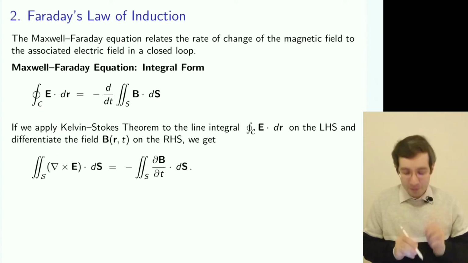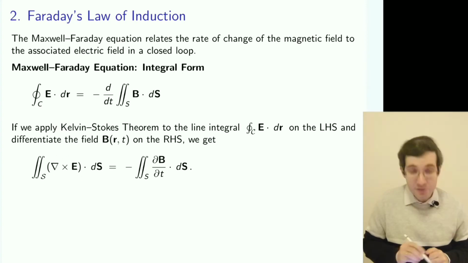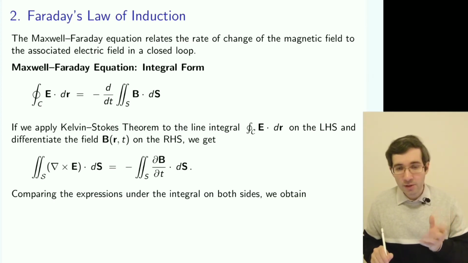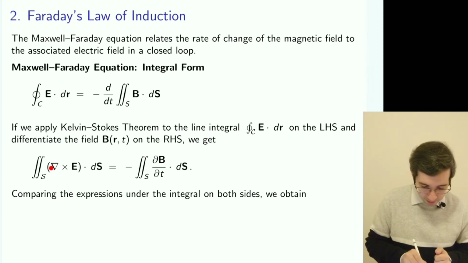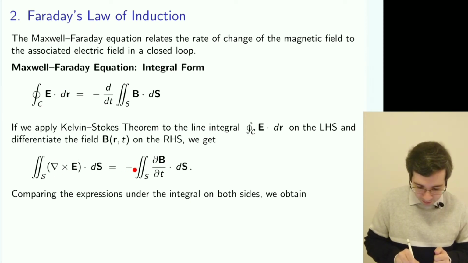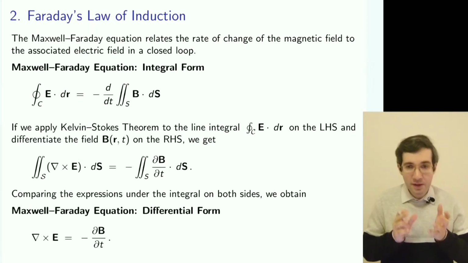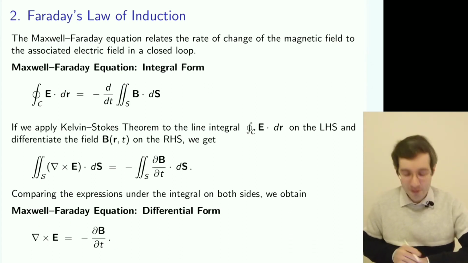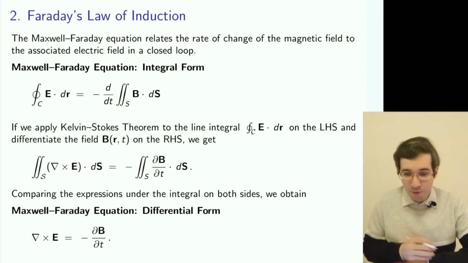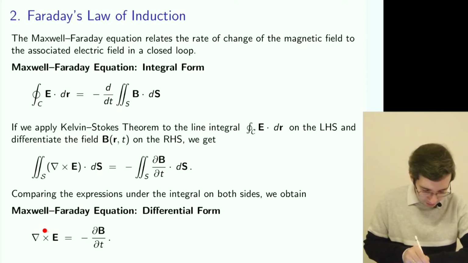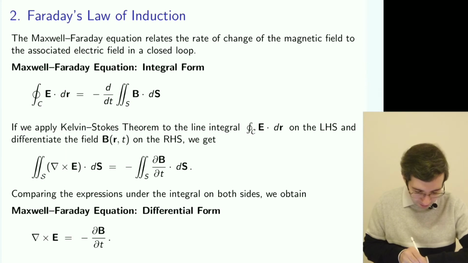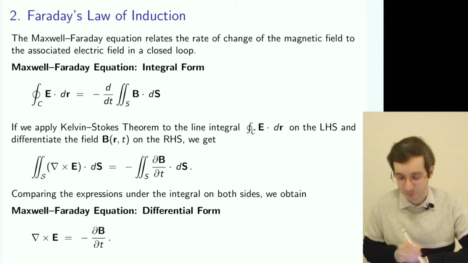And then if we compare the integrands inside these integrals, we'll realize that the integrals are equal if and only if the integrands are equal, including the right sign. So we can have a differential form of the fundamental law of induction. You can see that the rate of change of the magnetic field causes the curl of the electric field. So the magnetic field produces the electric field in this example.